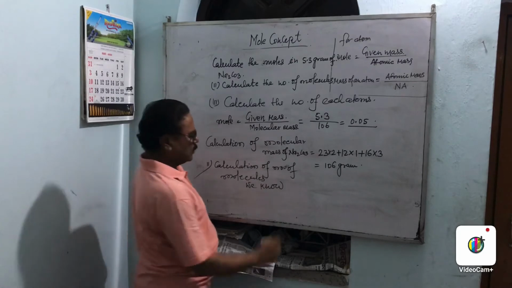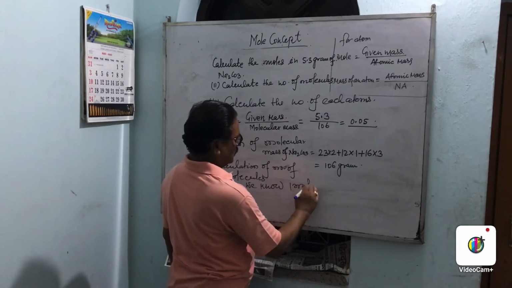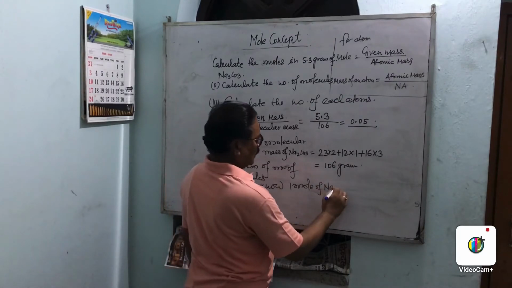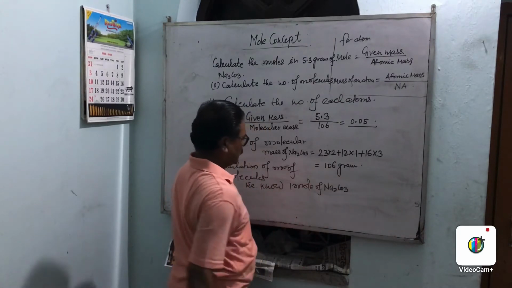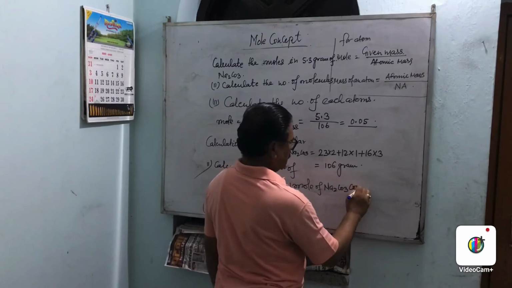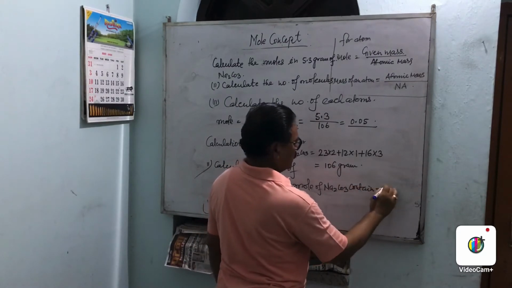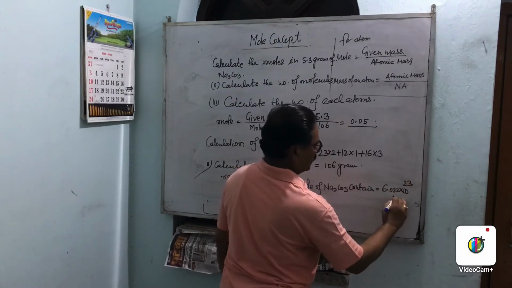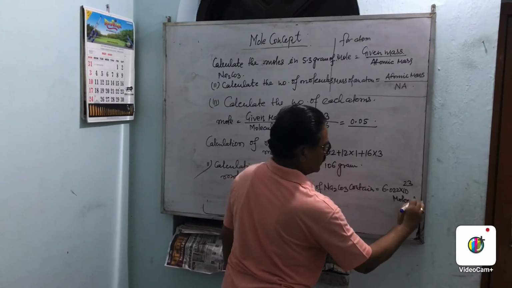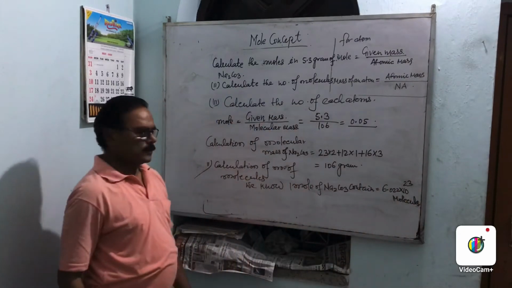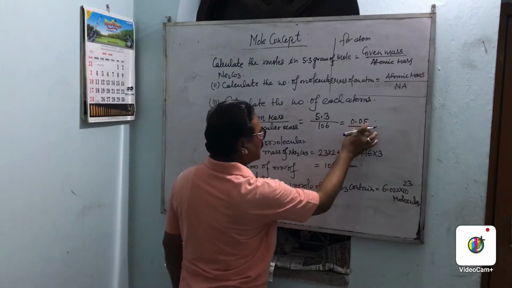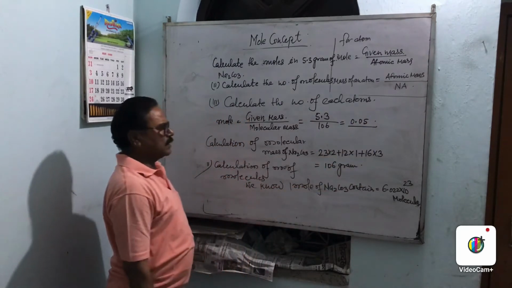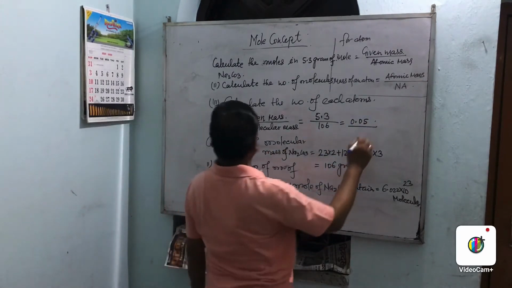We know 1 mole of sodium carbonate, any molecule, here it is given Na2CO3, contains 6.022 into 10 to the power 23 molecules, right? So how many moles were calculated here? That is 0.05.